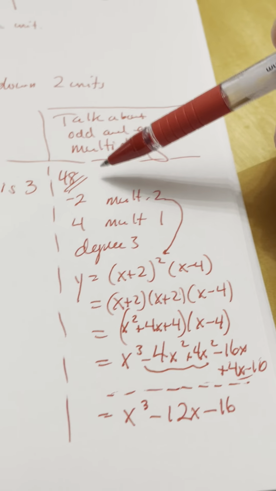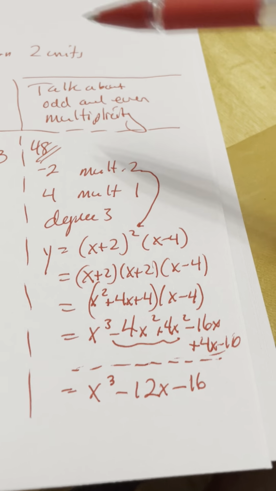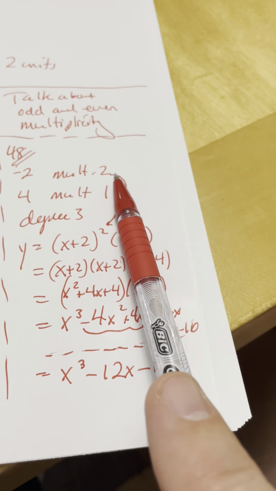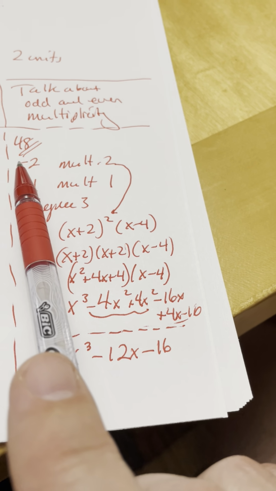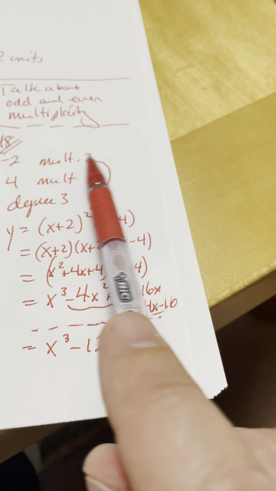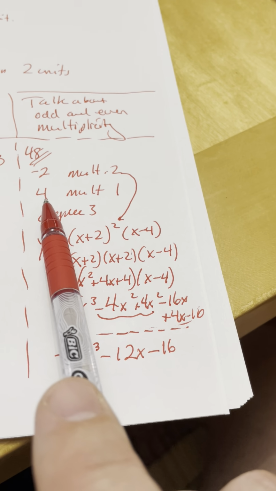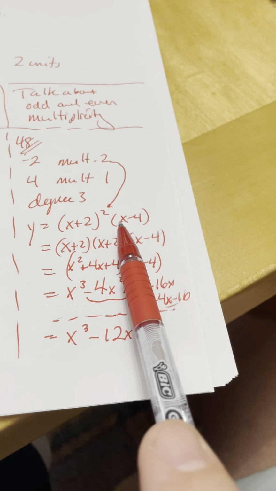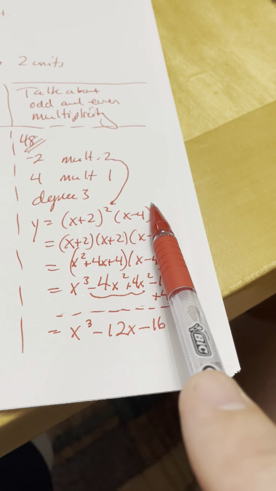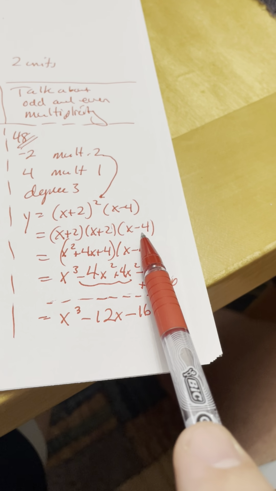Now I did number 48, and I've got about a minute and a half left, so this is going to be a rush. -2 has multiplicity 2. What that means is -2 comes in as x plus 2, but a multiplicity of 2 means it's going to be squared. Then the root is 4 with multiplicity 1, so I write x minus 4. It comes in as the opposite, and then I have it to the 1st power. So x plus 2 times x plus 2 times x minus 4.